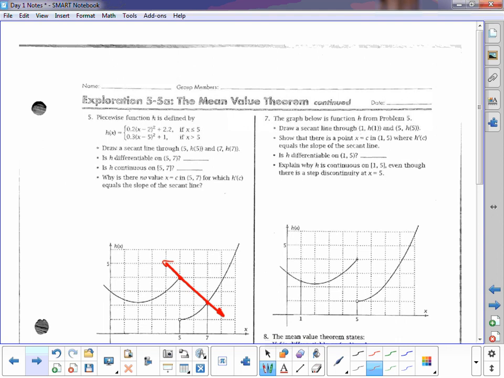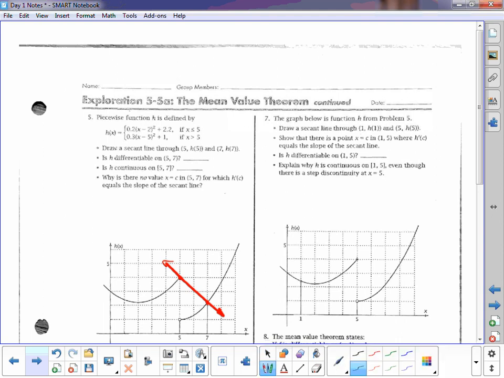Is my function differentiable on the open interval 5 to 7? Give me thumbs up for yes, thumbs down for no. Is it differentiable on the open interval? See some mixed answers. I'm going to go with yes. Because it does not include 5, right?